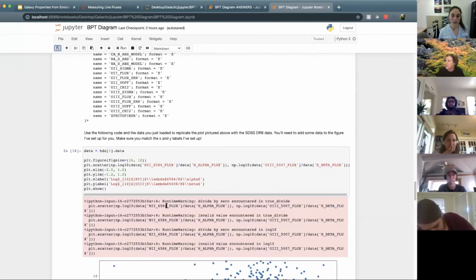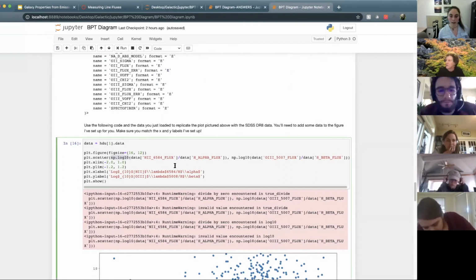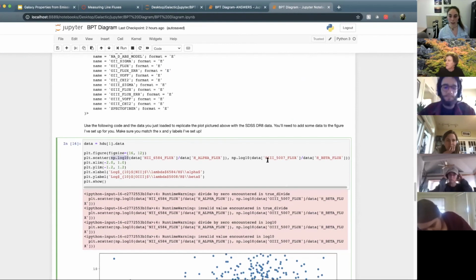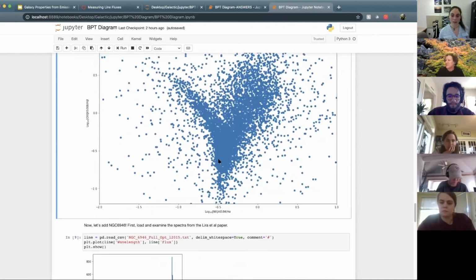I've graphed it. There are some errors because we're working in log space, so we use NumPy to get log 10 of the two ratios of our emission lines. Python gets angry because there are some log 10s of negatives, but that's fine, we can ignore that because we still get a nice plot that has the shape we expect.